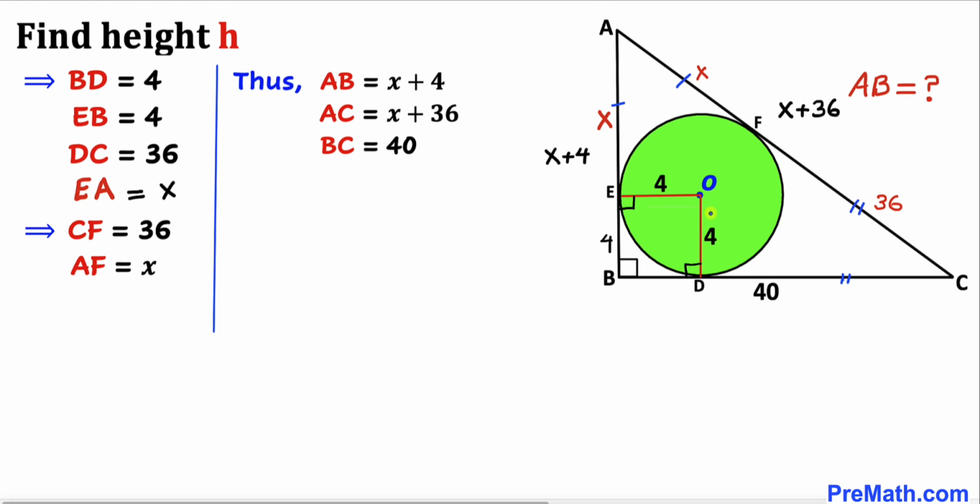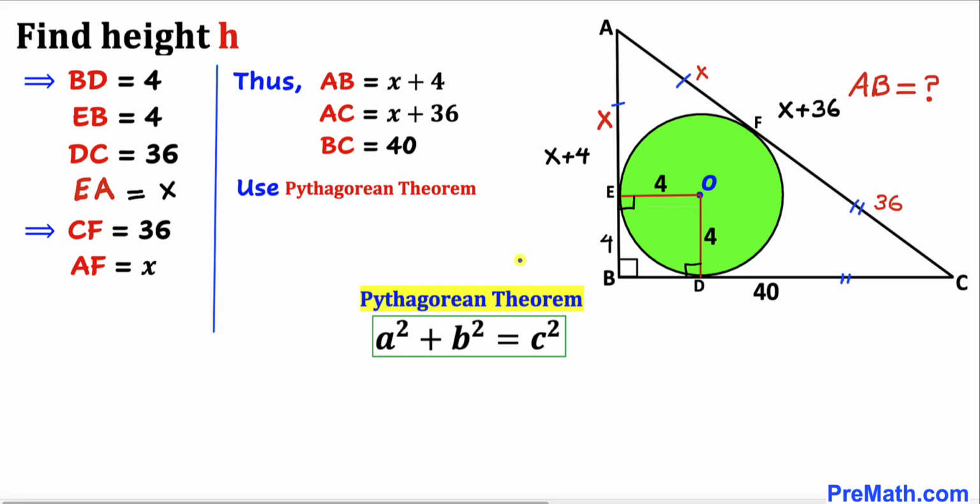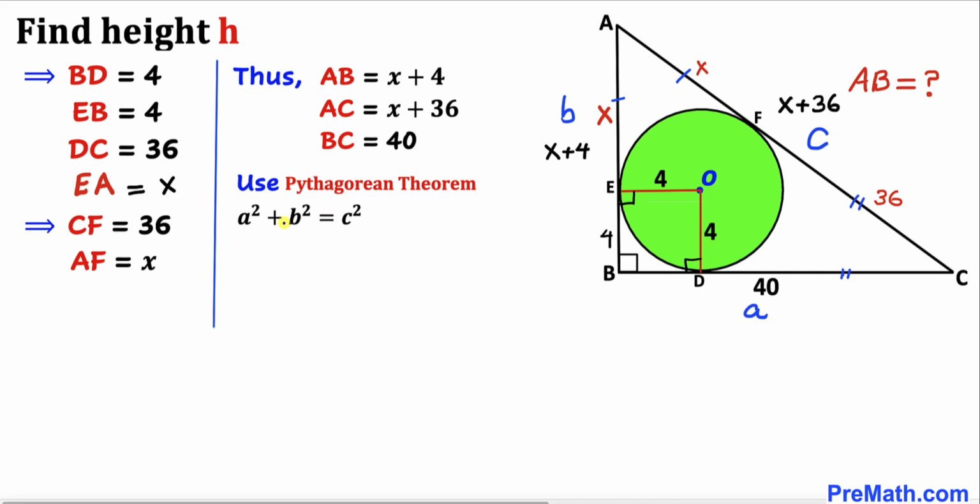And now, since we are dealing with this right triangle, we are going to use the Pythagorean theorem. And here's our Pythagorean theorem: a square plus b square equals c square. Let me go ahead and call this longest side, our hypotenuse, c. I'm going to call this base a and this side b. Now let's fill in the blanks in this formula.